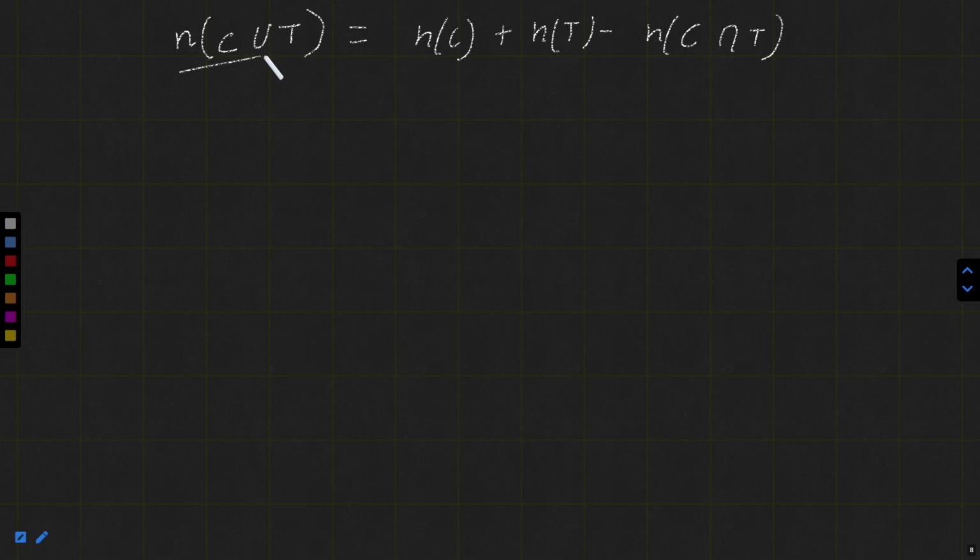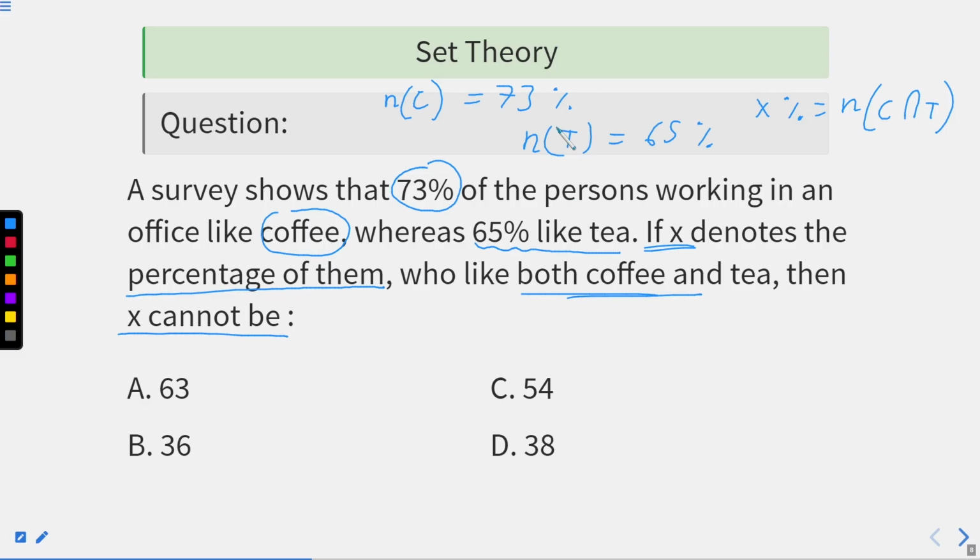Simple. Do we know this? We don't know it, no problem.